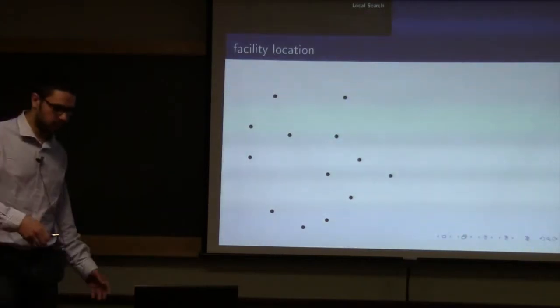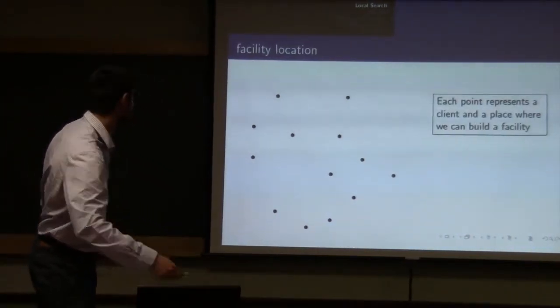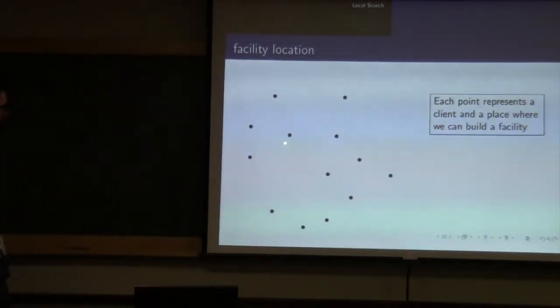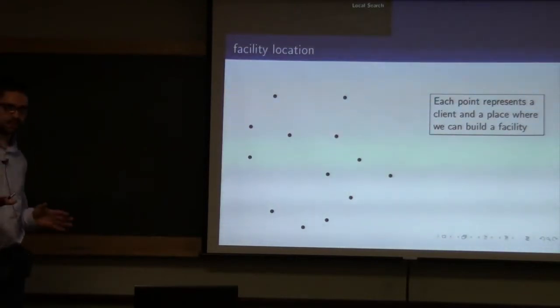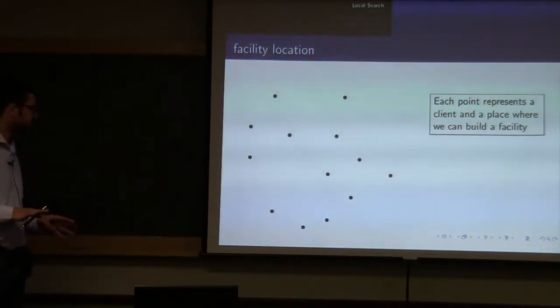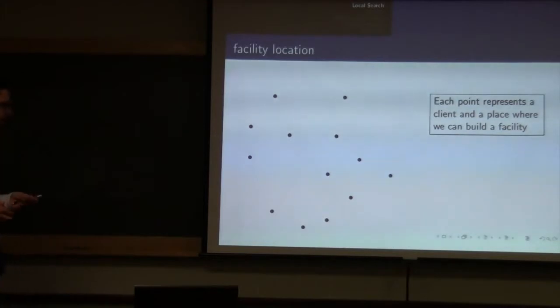Each of these points represents the place where we can build a facility, and also a place where the potential clients of this facility are. So now I'm going to give you the formal definition, but later on I will just show you an example, and I think the example explains everything.